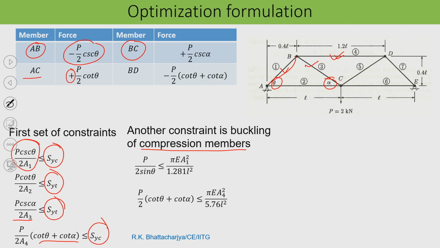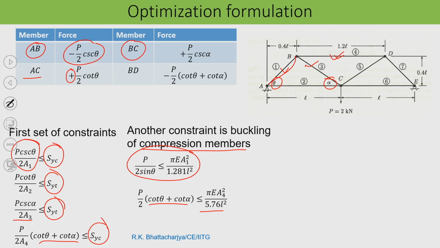Therefore, you have to put this constraint in order to prevent buckling, that is P by twice sin theta less than or equal to pi E A1 square divided by 1.281 L square. And similarly, for member BD, you have to put P by 2 within bracket cot theta plus cot alpha less than or equal to pi E A4 square divided by 5.76 L square.